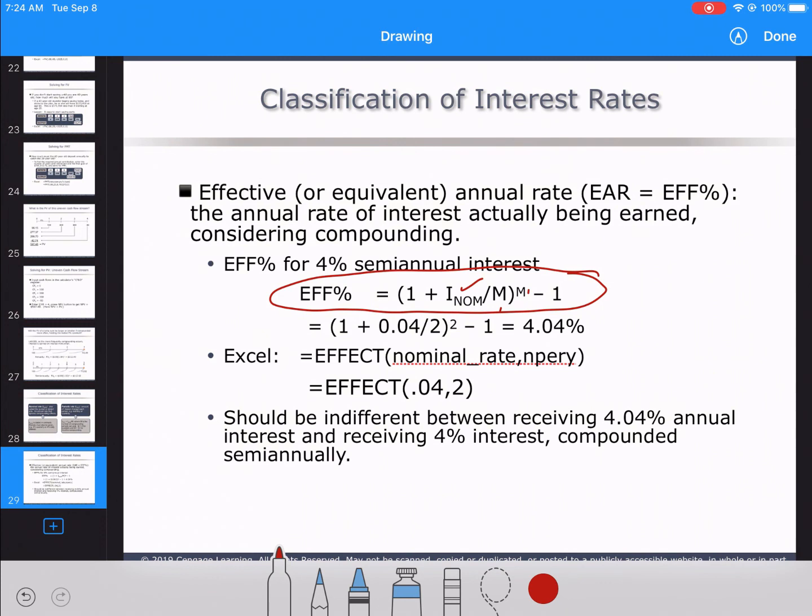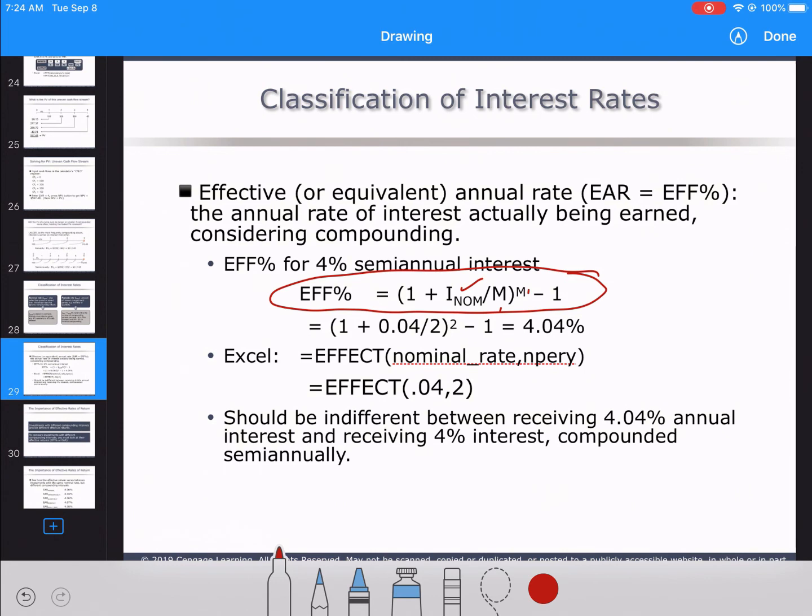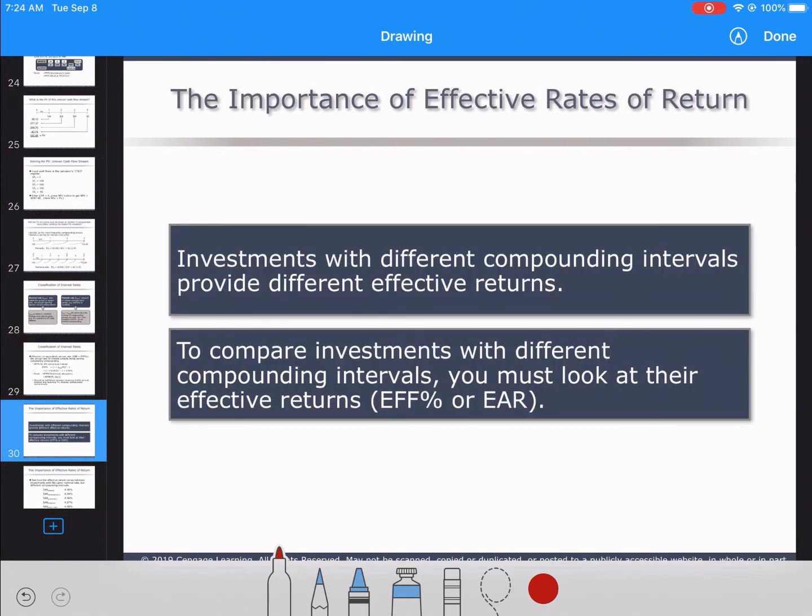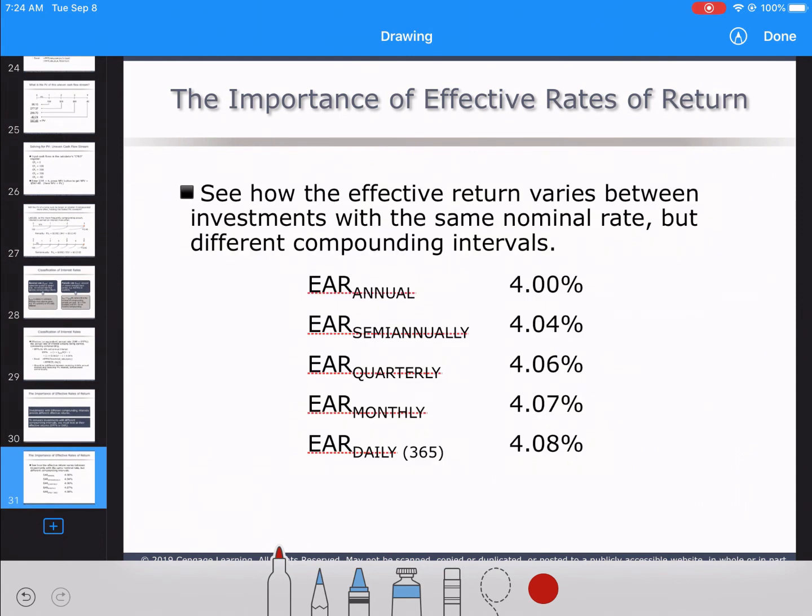So this is 4.04. If somebody asks you whether there can be any other scenario where periodic rate and nominal rates are the same, you say yes, when m is equal to 1.